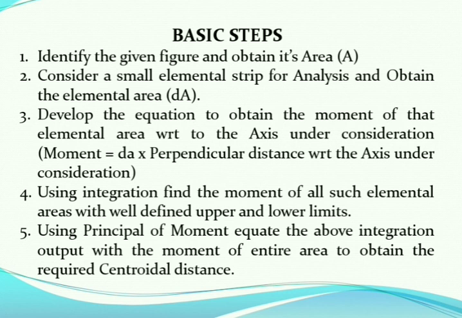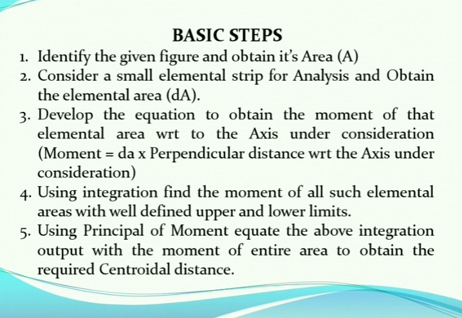In the fourth step, use integration to find the moment of all such elemental areas, because the entire figure is made up of a number of such small elemental areas. So to find the moment of all the areas, we use integration within a well-defined upper limit and lower limit.